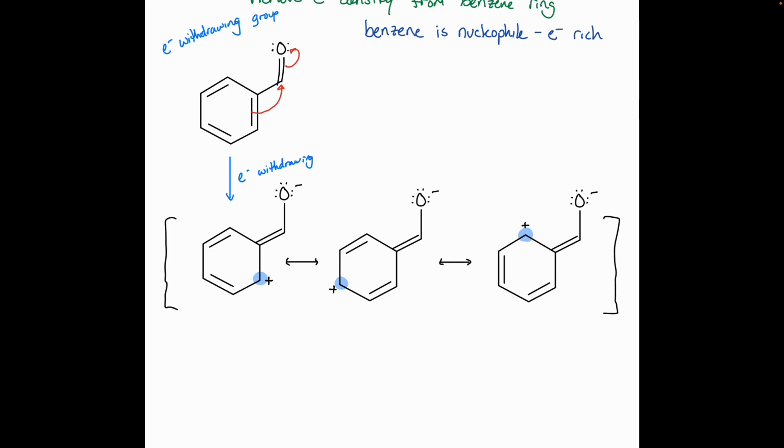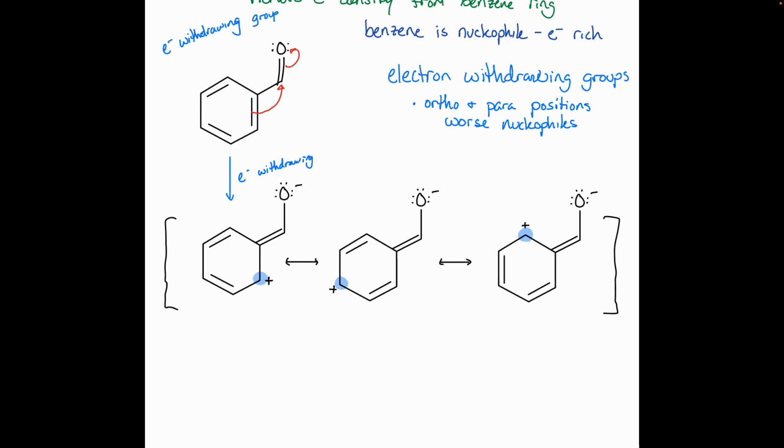And in particular, we can note that our electron withdrawing groups, just like before, that effect is not created equally. It's making specifically the ortho and para positions worse at being nucleophiles.